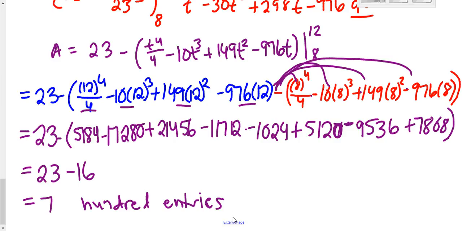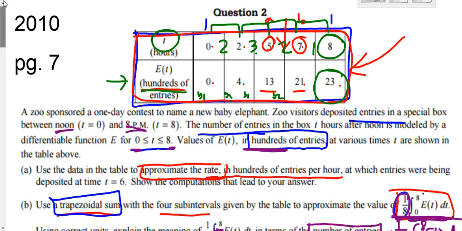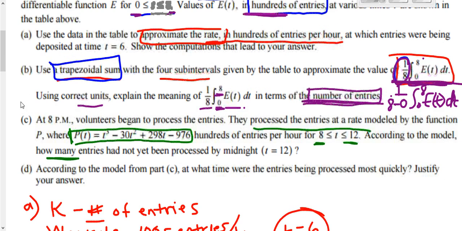Part D says, according to the model from part C, so here's the model, this equation, at what time were the entries being processed most quickly? Justify your answer.